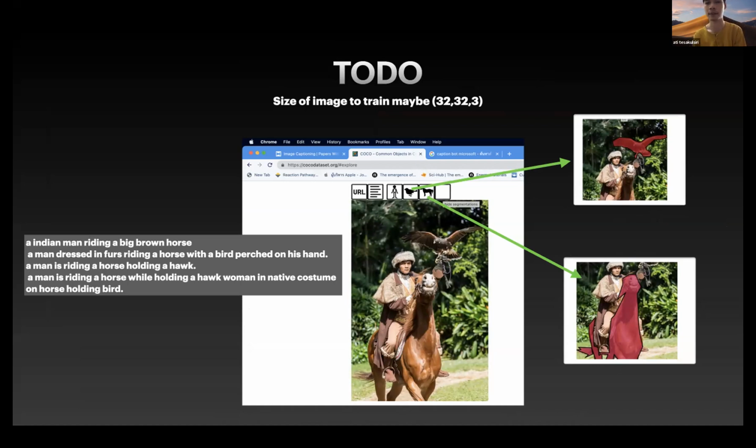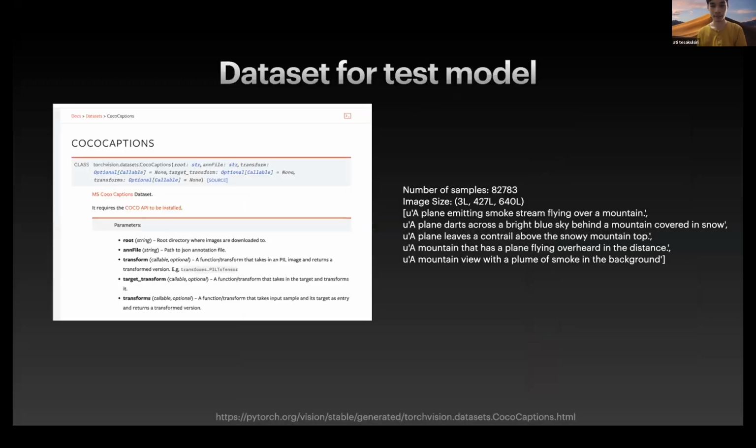The idea is we have some image and the output will be text like this one on the left-hand side. As you can see, there's a sentence for each image. The datasets might look like this.